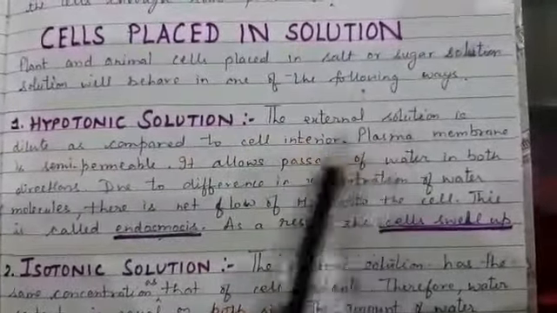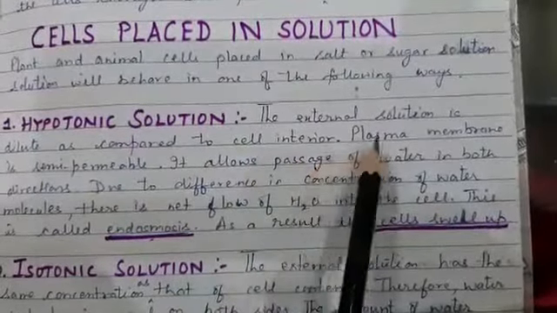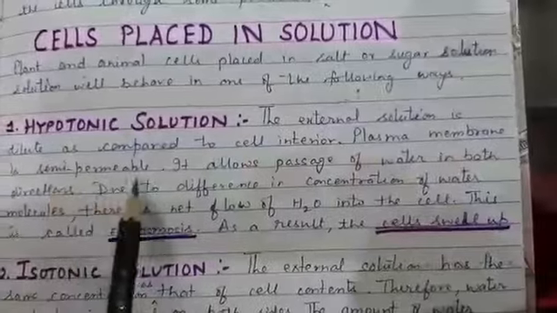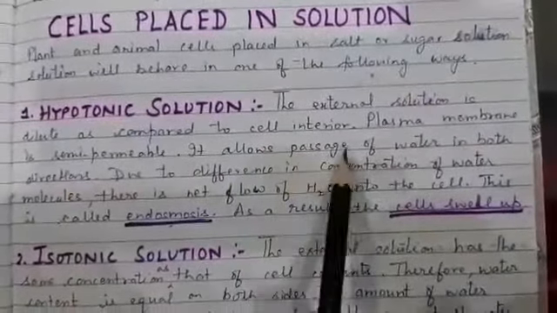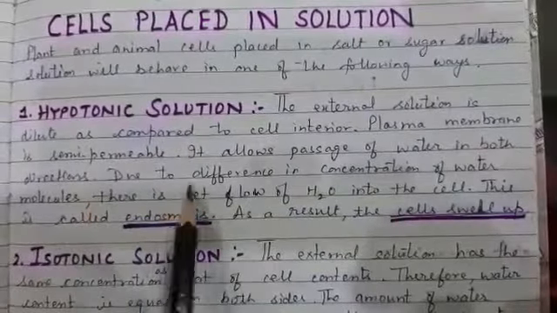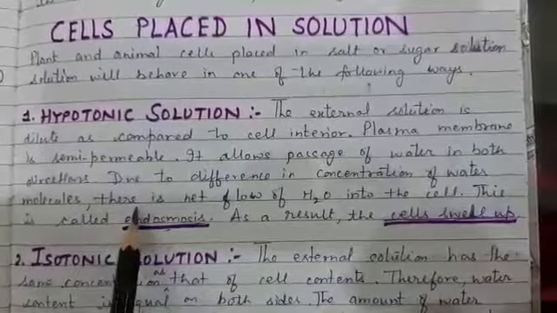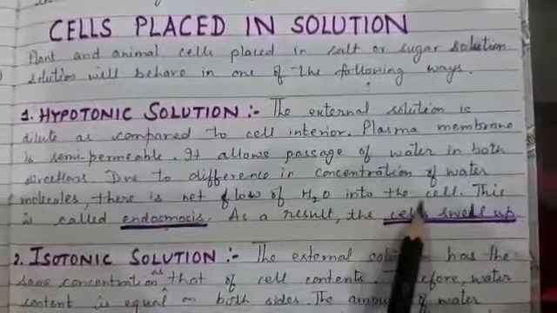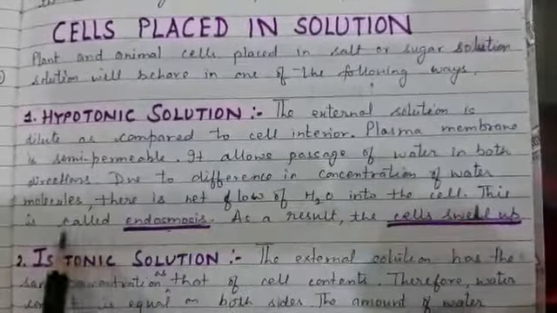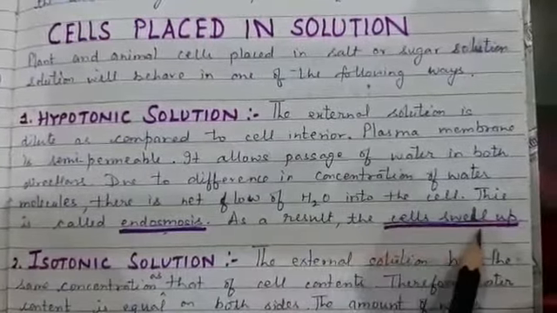The external solution is dilute as compared to the cell interior. Plasma membrane is semi-permeable. It allows the passage of water in both directions. Due to difference in concentration of water molecules, there is a net flow of water into the cell, and this is called endosmosis. As a result, the cell swells up.